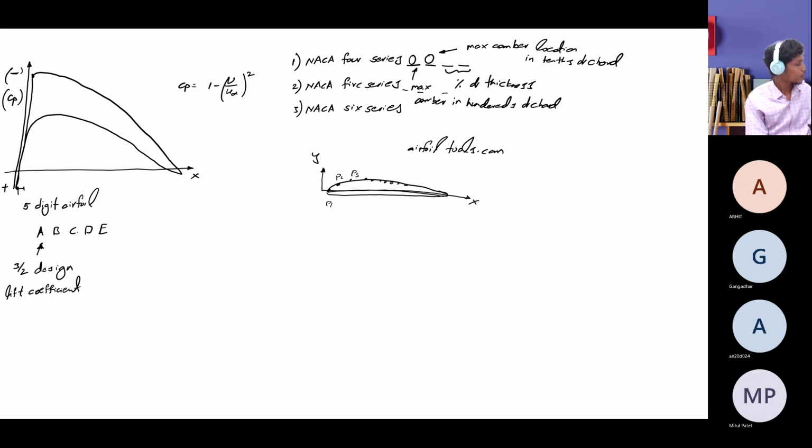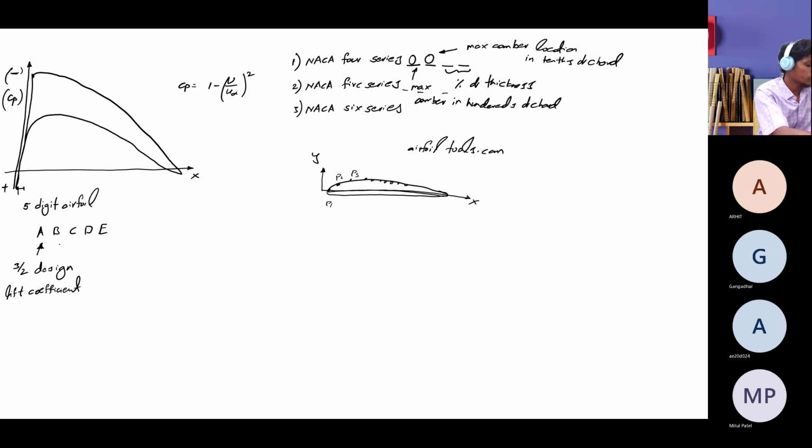Seems I did not write the remaining 4 digits. Anyway, I will re-verify these 4 digits, and I will let you know what they are indicating.